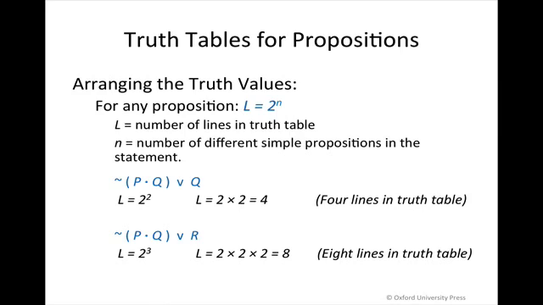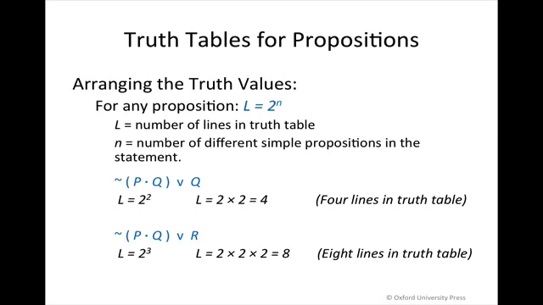In other words, take a look at each of the examples below. In the first sentence, we have two simple statements, P and Q. The fact that Q is reiterated a second time does not change the fact that it's the same sentence. So there are only two simple sentences.